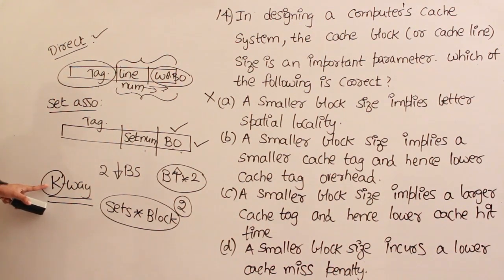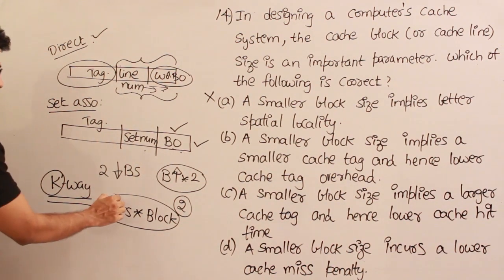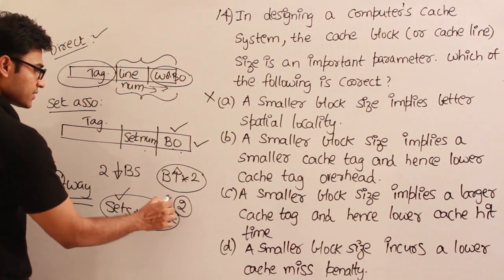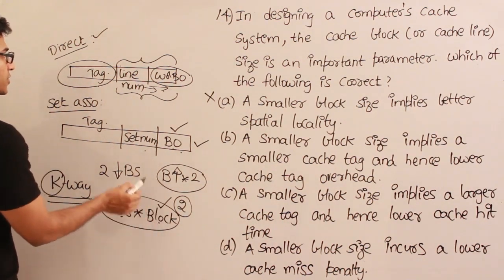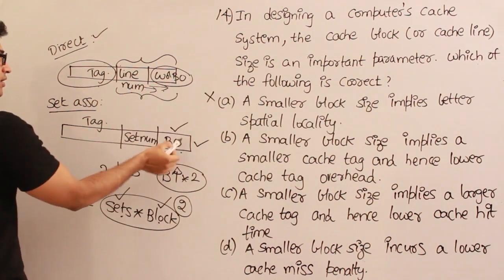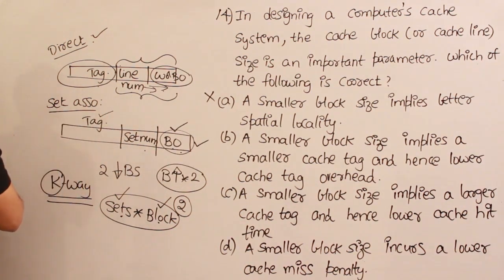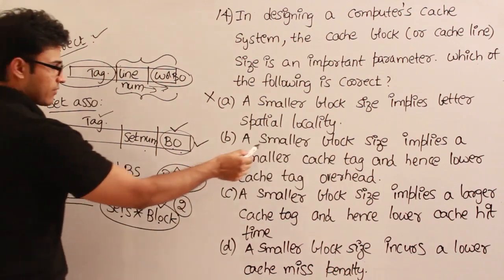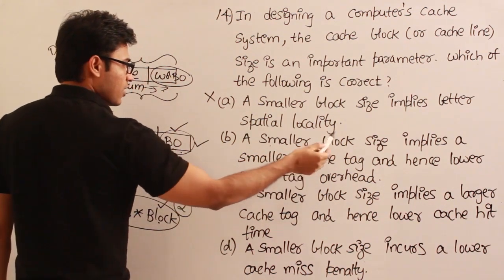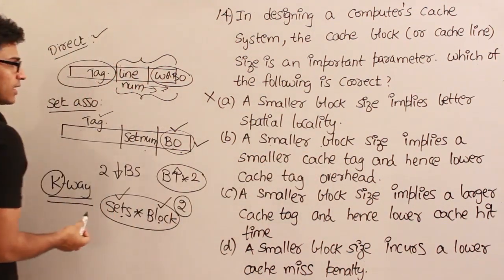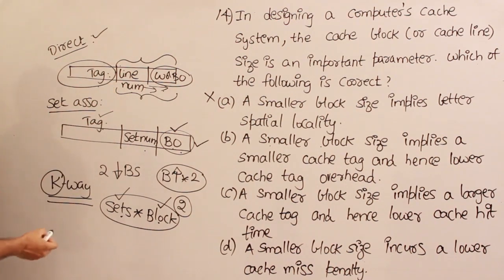You can take examples and check it. Even if you change the block size, the number of tag bits will not change in set associative mapping also. So by having a smaller block size, we will not get a smaller tag. In these two, they are going to be constant.